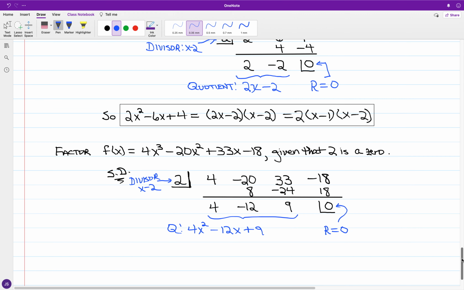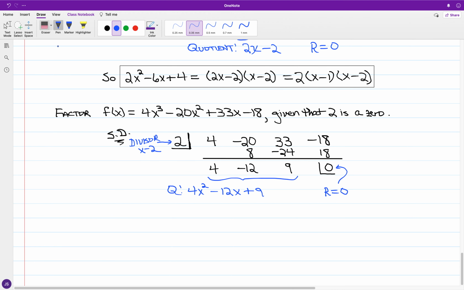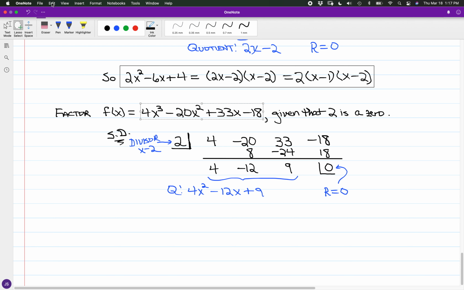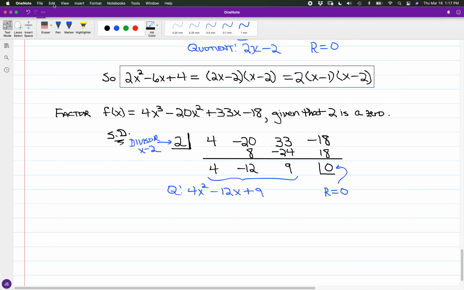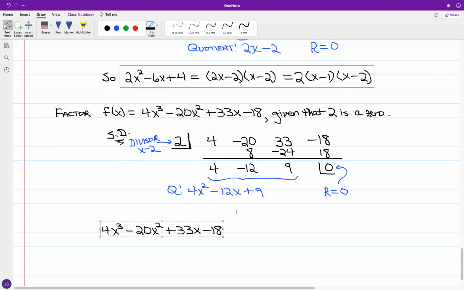For the factorization of this polynomial, you have the quotient times the divisor: 4x squared minus 12x plus 9 times x minus 2.